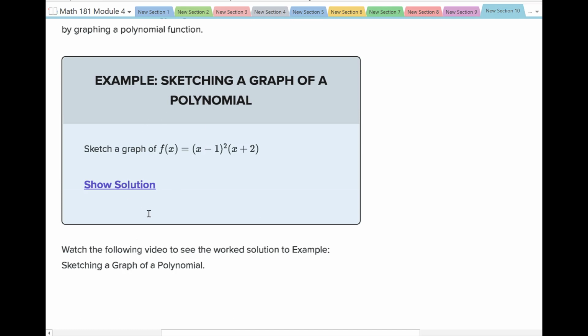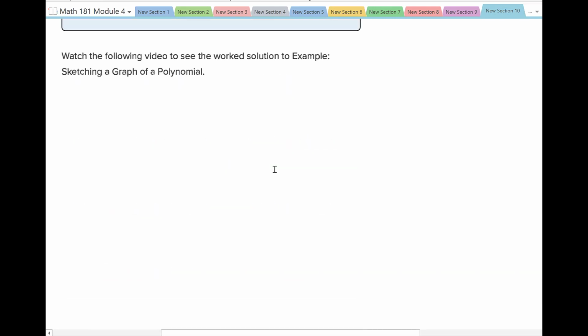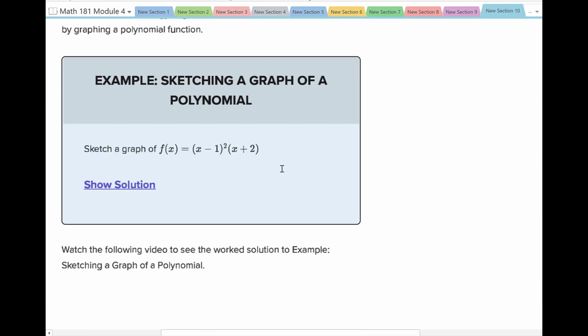Okay, so here's our first one. We're going to take a lot of space to work this problem, so just be patient with me. It's a bit of a process. So once it's to sketch the graph, I found it easy to expand this and to say, okay, f of x, if I multiply this out, I'm not going to go through the whole thing, but it's x cubed minus 3x plus 2.